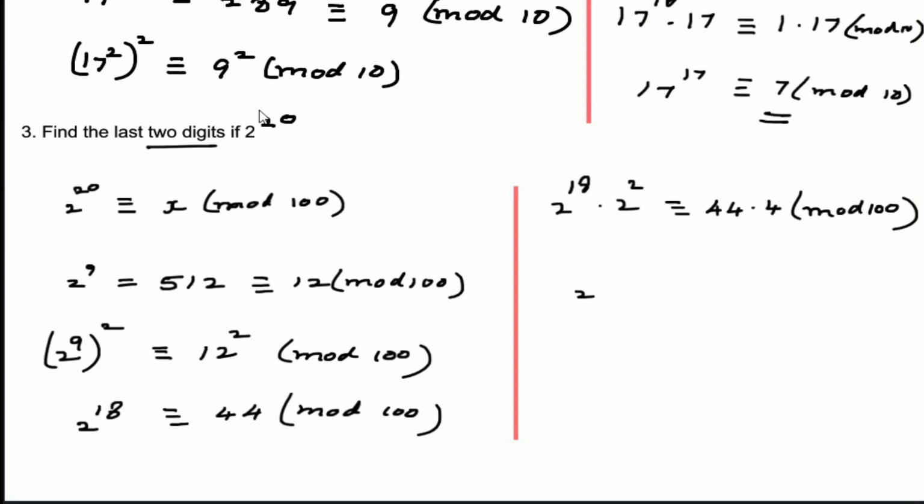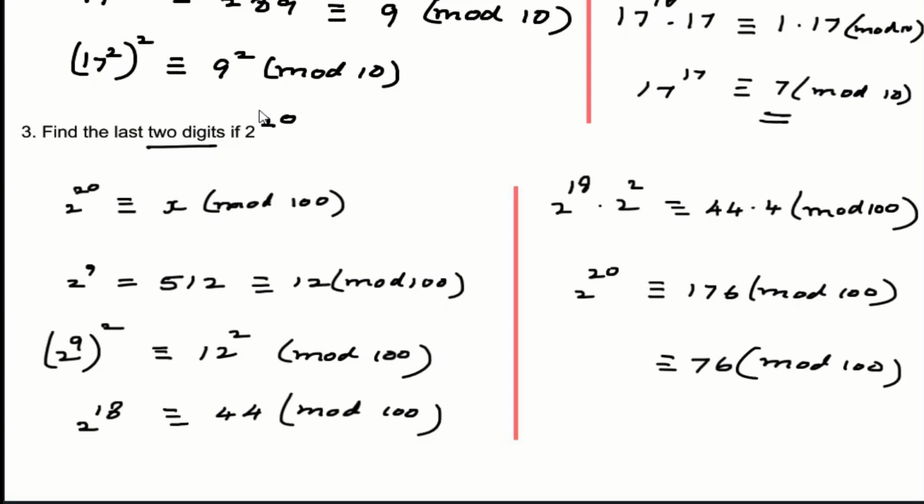So this I can write: 2 power 20 is congruent to 176 mod 100. 176 when divided by 100 gives you 76 mod 100. So the last two digits is nothing but 76. So that is how we should end up with the answer.